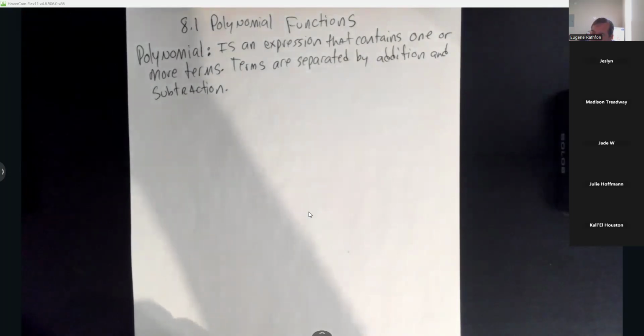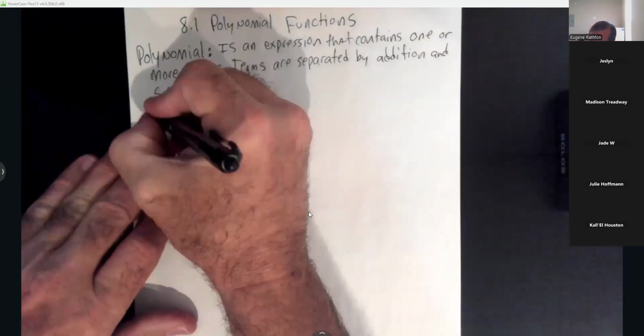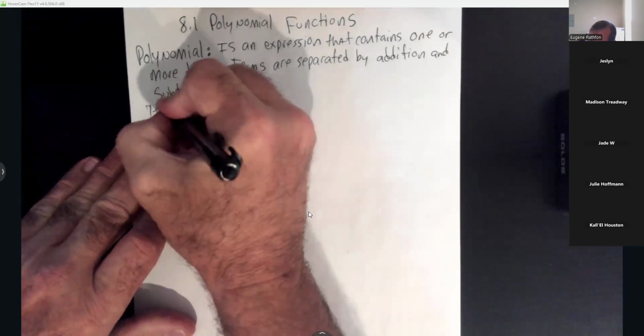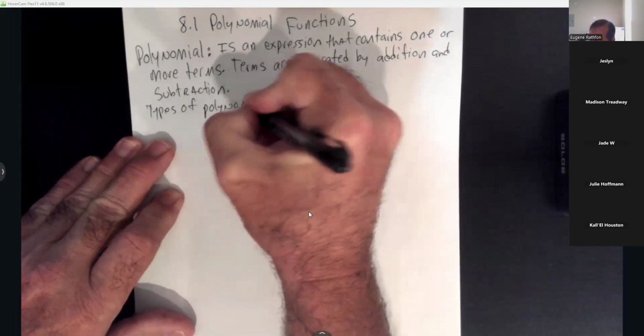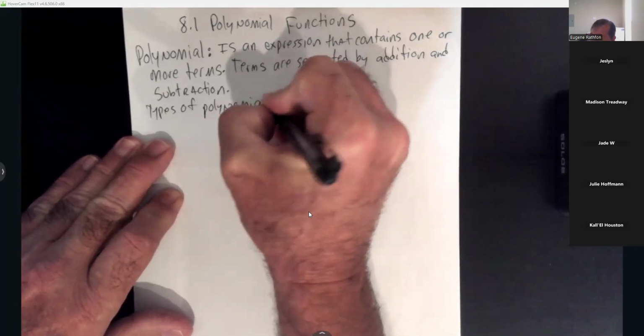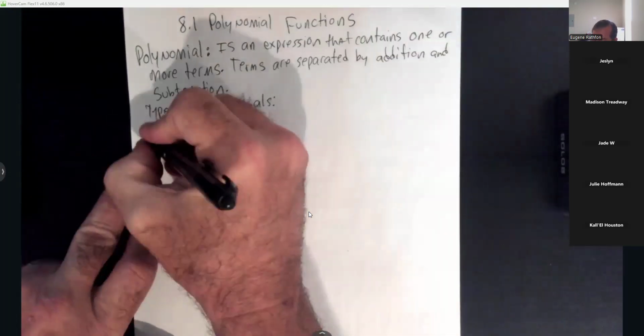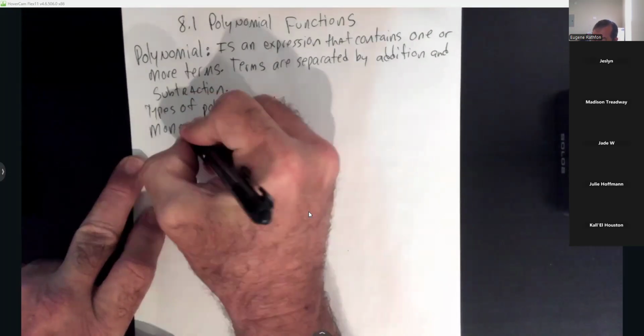Now, types of polynomials. So we got types of polynomials. If it's one term, we call that a monomial.